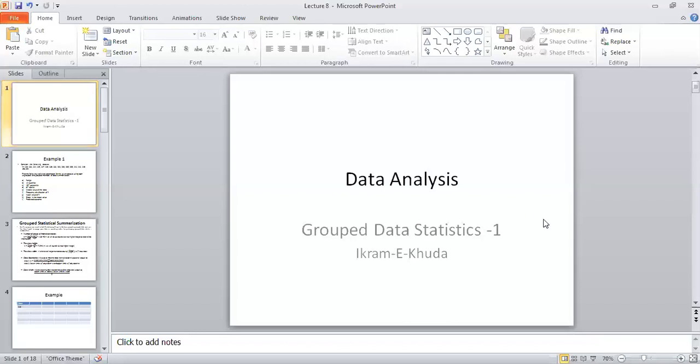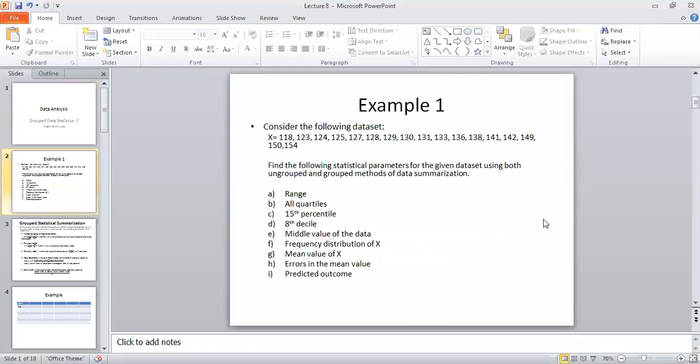So suppose this is the data set that we have got. It is the same data set that we used for the ungrouped data statistics as well. By virtue of this example, we'll also understand that the same data can be analyzed and summarized both as grouped data statistics as well as ungrouped data statistics.